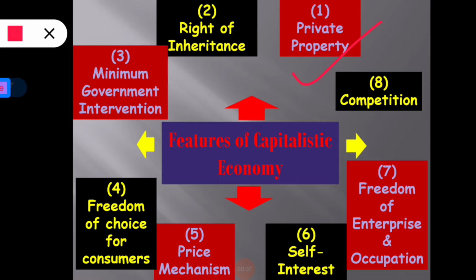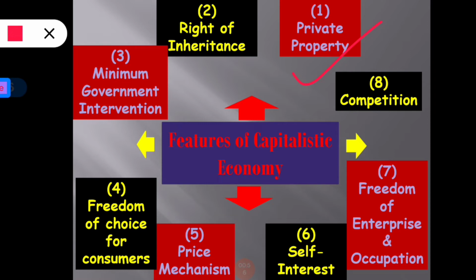So what do you mean by private property? Private property means the individual owners of the productive forces like land, factories, etc., have the right to acquire it, to possess it, sell or use it.